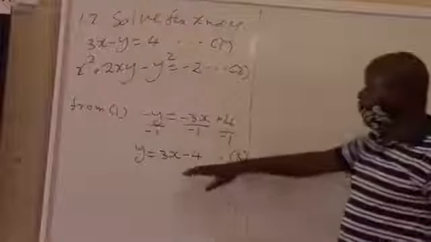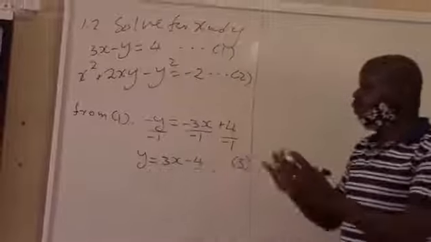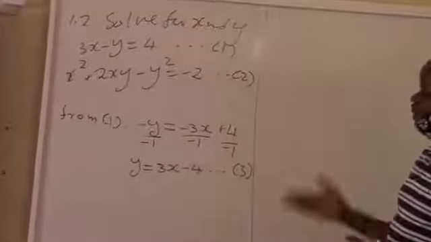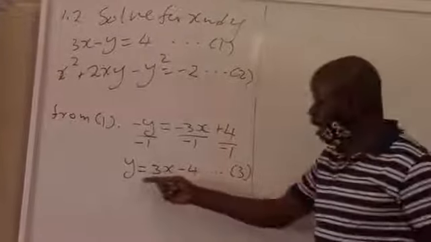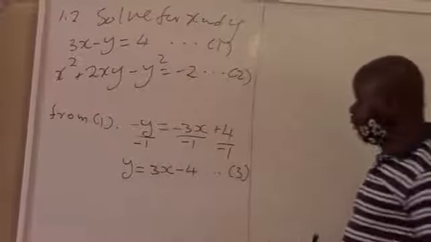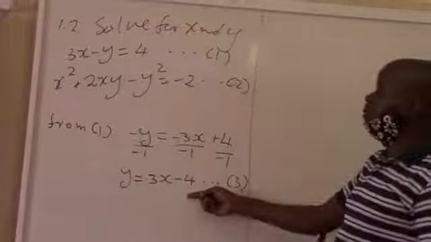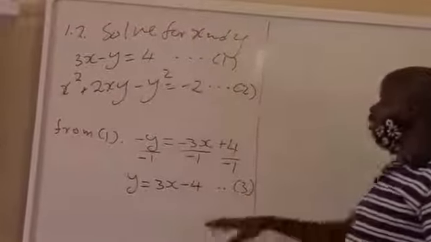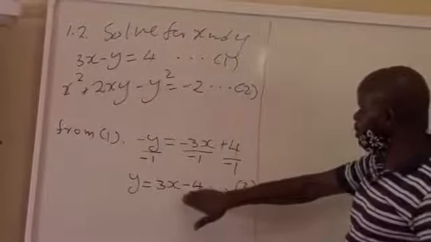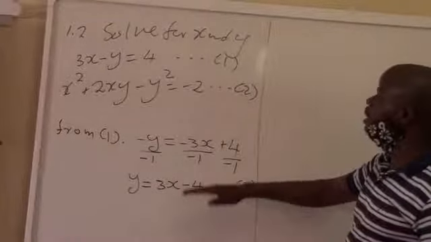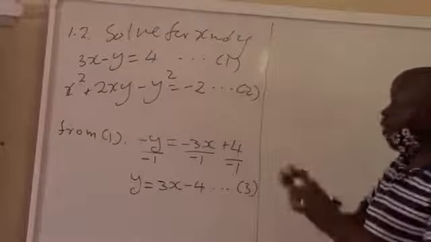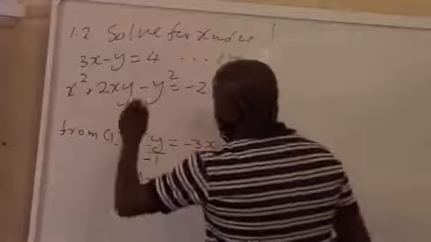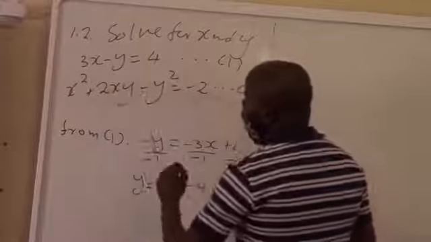You get a mark for making one of the variables the subject of the formula. In this case, y is the subject of the formula. That is where the first mark comes in. The second mark comes in when we substitute the newly formed equation into the other equation, which we did not fiddle with. In this case, equation 2, we did not do anything to it.